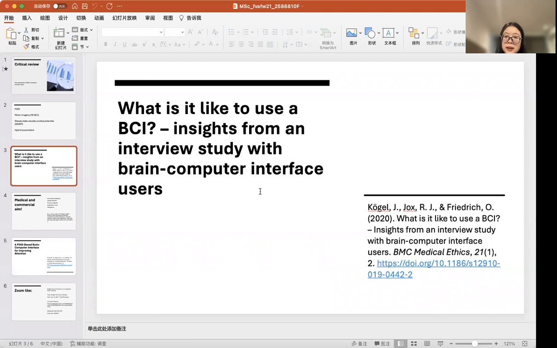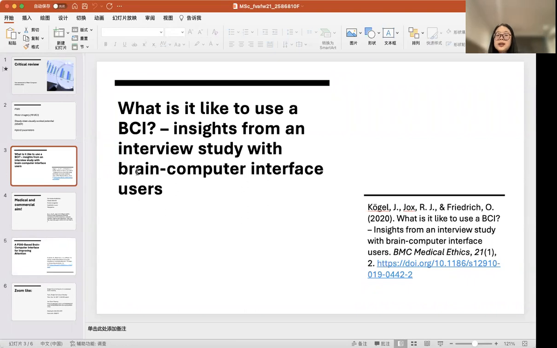In this experiment, the participants have some experience in using the BCI system, although they have different kinds of BCI. Most participants use a BCI system that is motor imagery, which is also called MIBCI.